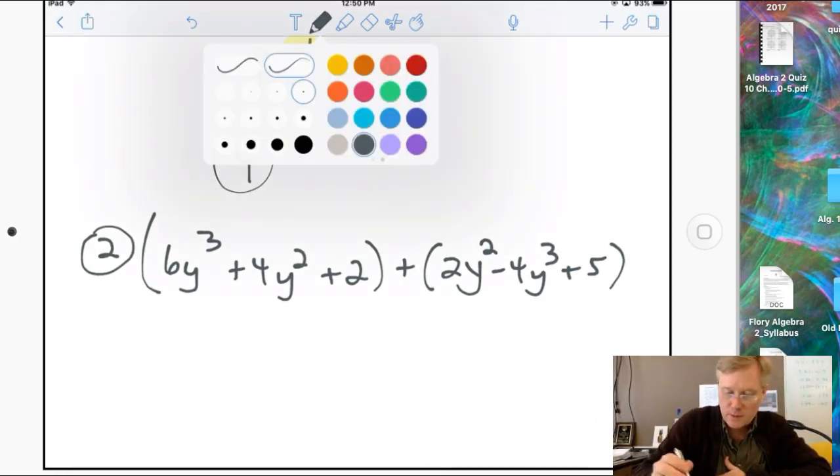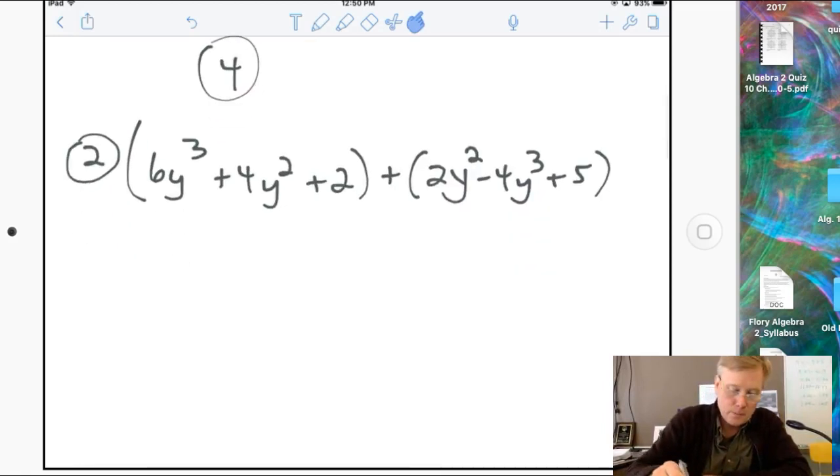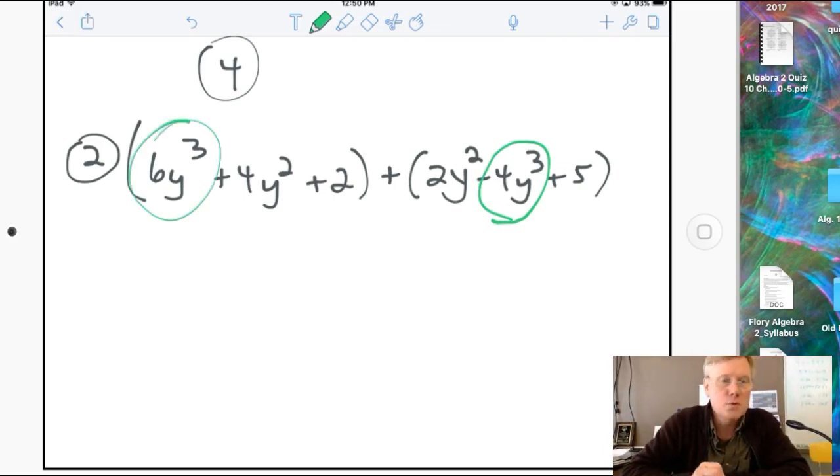You don't really need parentheses on this. They usually put them in just to designate one polynomial plus another one, but you could erase them and still get the same answer, as long as it's not a subtraction problem. In this case, they put them out of order. There's my cubes over here, and here's my cubes, or third powers, over there. So I'm going to add those two together.